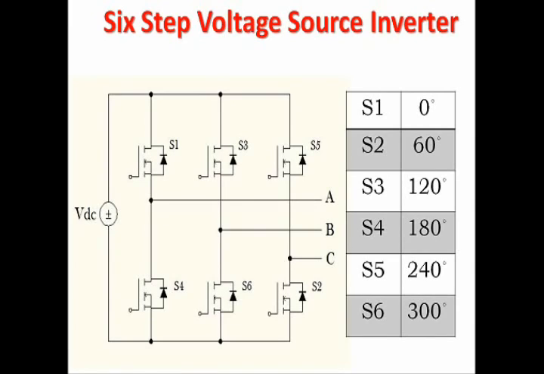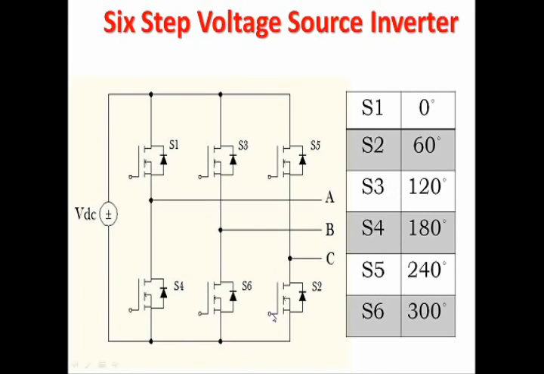S1 represents MOSFET 1. This switch is switched on at 0 degree. S2 is switched on at 60 degree. S3 is the next 60 degree, which means 120 degree. S4 is 180 degree, S5 is 240 degree, and S6 is 300 degree.